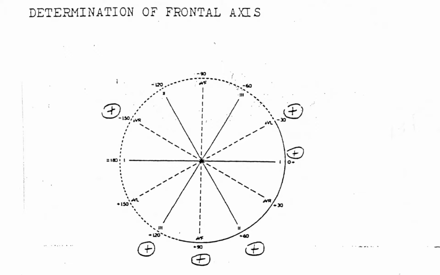And so what you do then, step by step, is find what's called the most isoelectric lead. This would be the lead where the R and S waves, and we'll talk a little bit about Q wave later, are not projecting up or down, but are kind of equal. You can pause and let this settle in, and we'll do several examples.